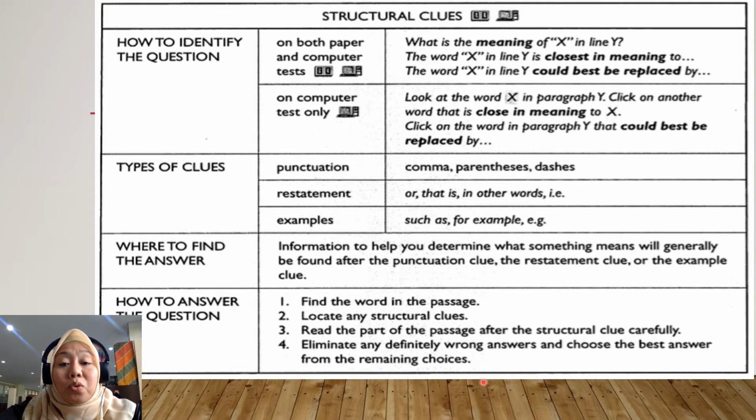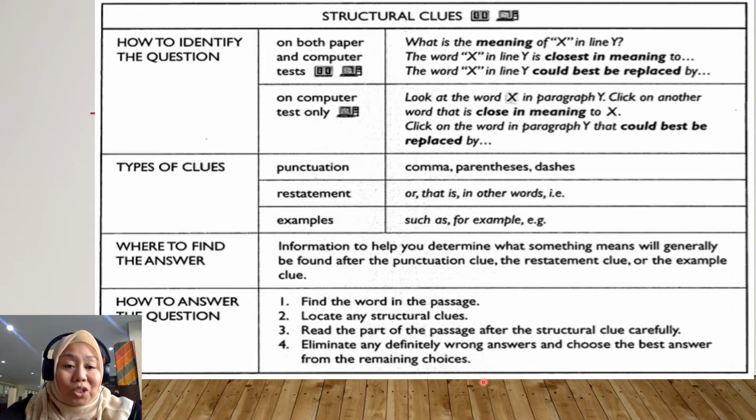So, in order to answer this kind of question, you find the word in the passage, locate any structural clues, and then read the part of the passage after the structural clues carefully so that you can find the answer in that particular part of the passage. Basically, when you are asked the meaning of certain words, you might want to find the structural clues in the passage, to show you that the definition is actually given already.